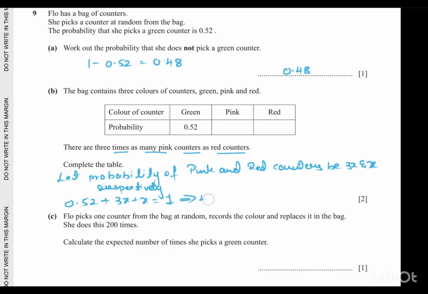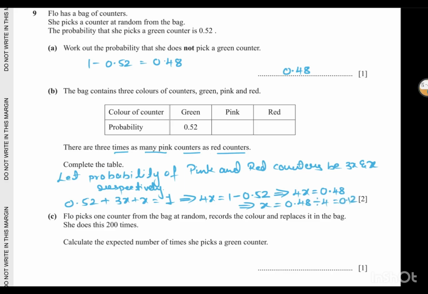This gives you 4x is equal to, bringing 0.52 to the right hand side, it gets subtracted, and we already know that 1 minus 0.52 is 0.48. Then taking the 4 onto the right hand side, we get 0.48 divided by 4, which is 0.12.